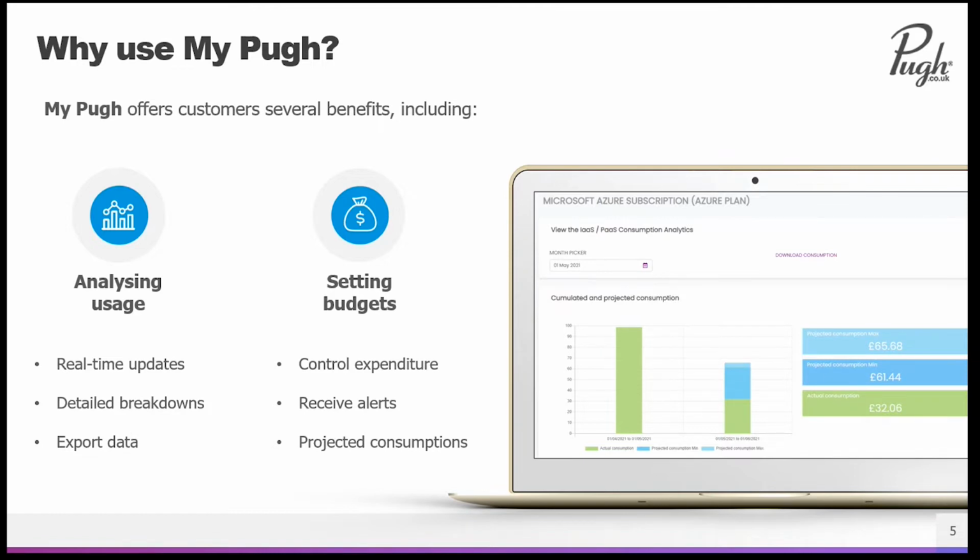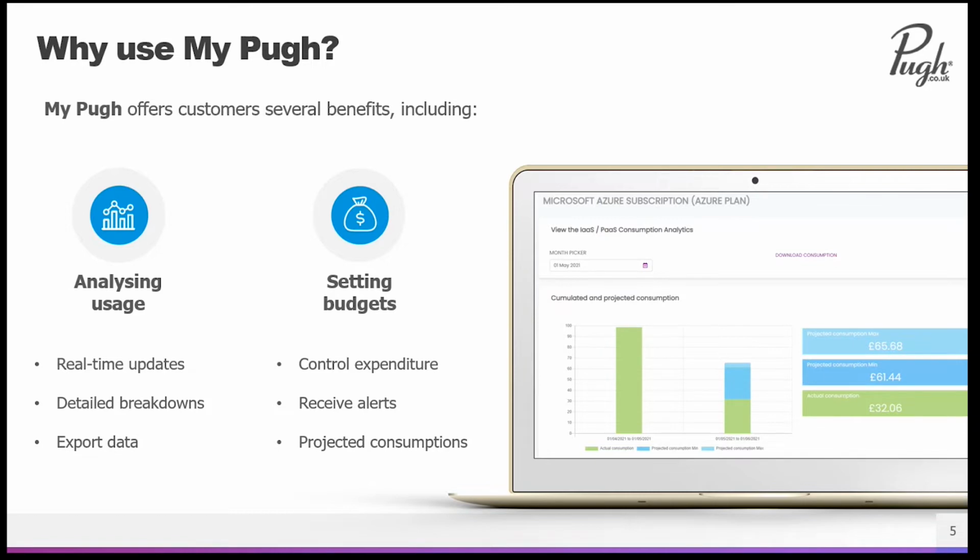You can also export the data. As well as being available in the portal itself with some easy to read charts, you could export all that data if you need to produce reports or keep it for records, and save it locally.